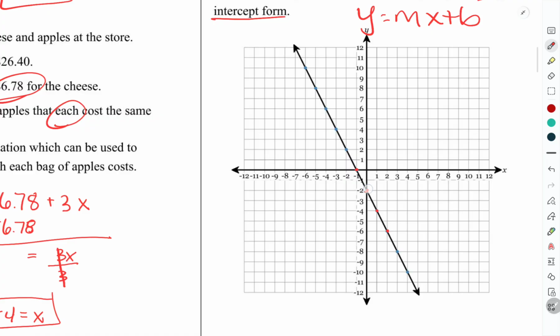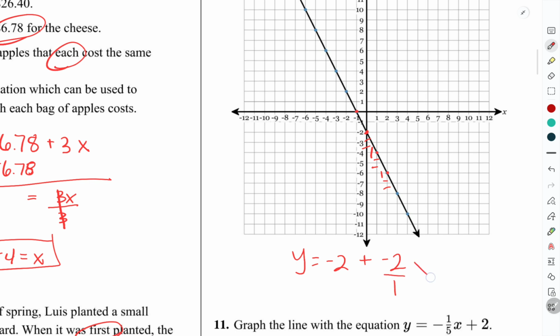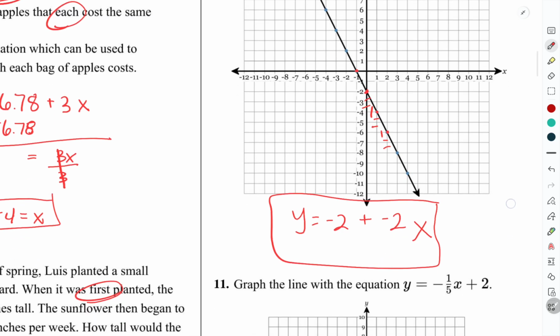So my b value, my y-intercept, is negative 2, plus my slope is going down 2 over 1 every time. Down 2 over 1, so negative 2 or negative 2 over 1 if you want to write it that way. These are both acceptable. Negative 2 over 1x or just negative 2x.